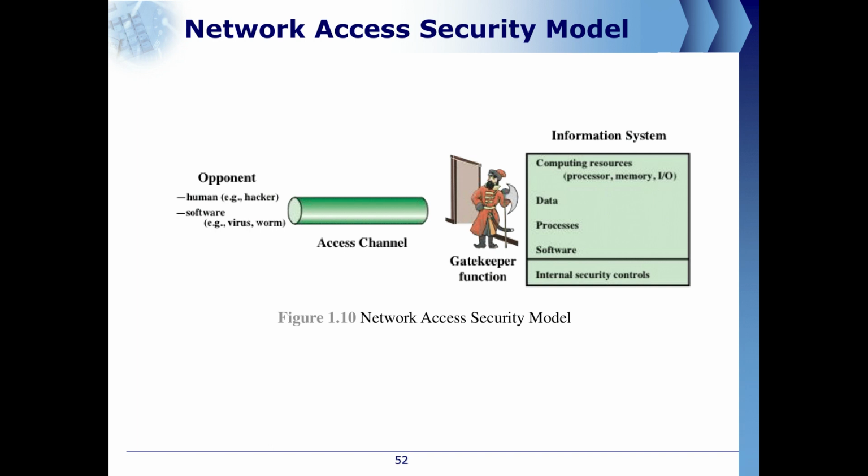The information system encompasses various components such as computer resources, processor, memory, I/O, data, processes, software, and internal security controls. The model emphasizes the need for robust gatekeeping mechanisms to safeguard the information system against both human and software-based threats seeking unauthorized access through the channel or tunnel.